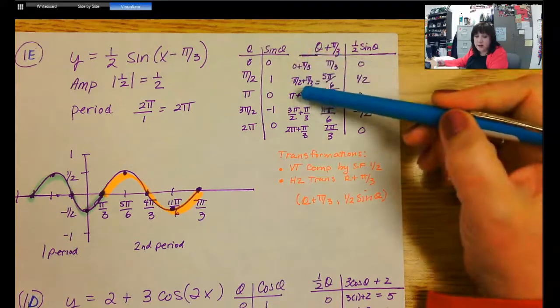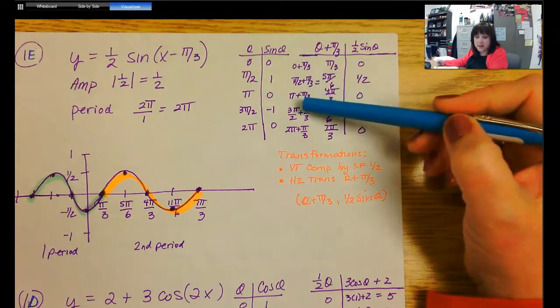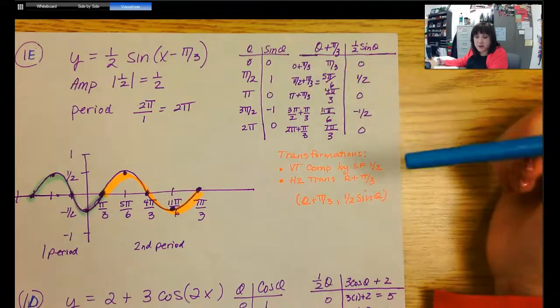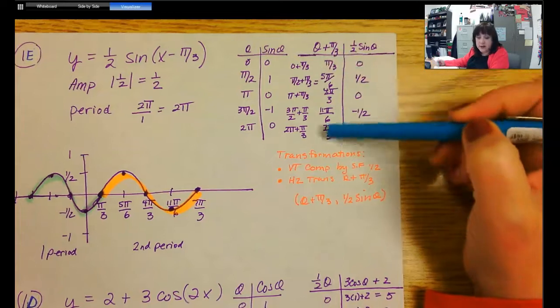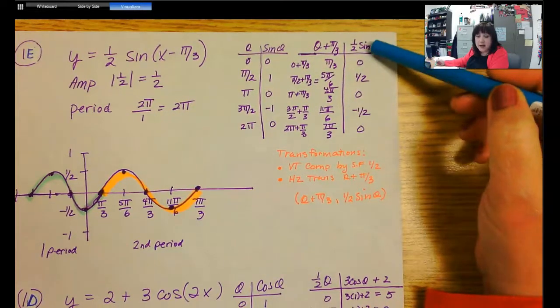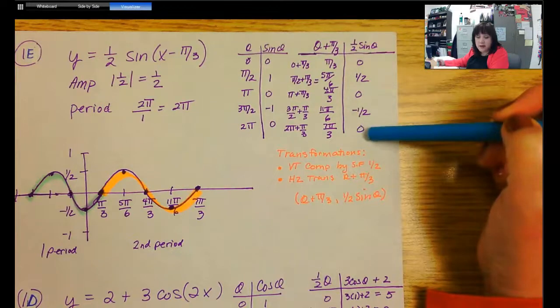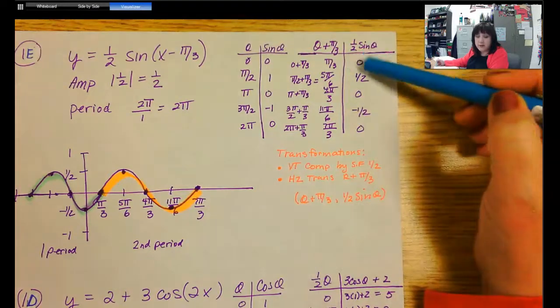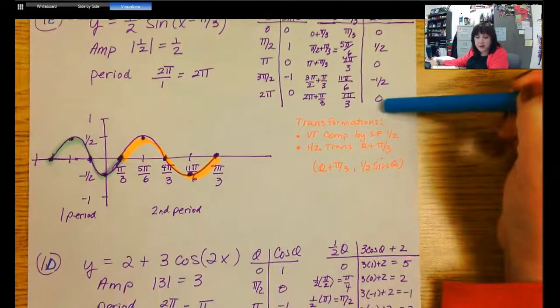Remember, you could simplify something like that real easy if you needed to. We've talked about that little shortcut where you multiply straight across. So in any case, you're adding pi over 3 to all of these, and these become your new values. And all of your sine values are going to get multiplied by 1/2. So I take all of these values times 1/2, and that gets me my new points.